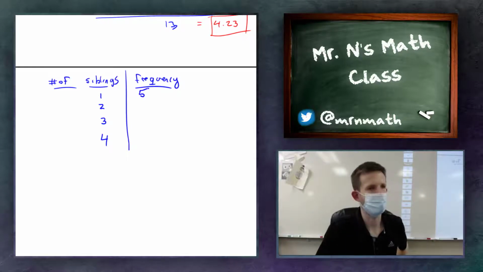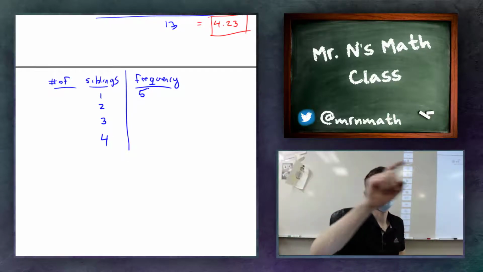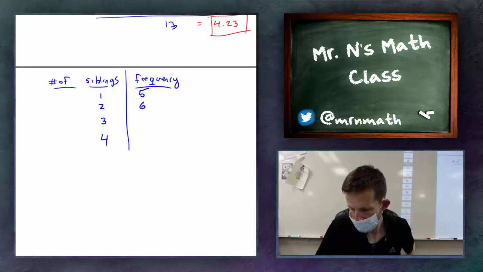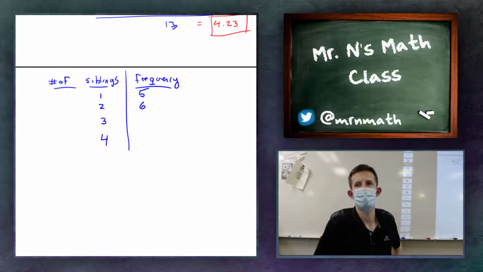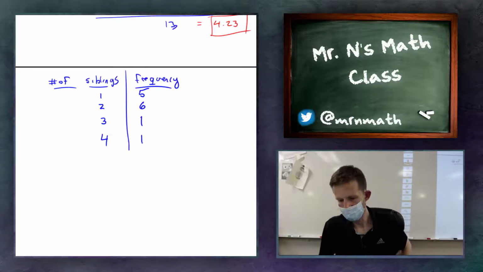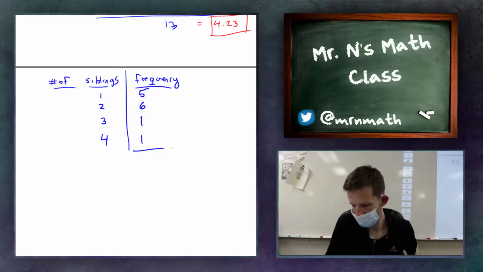How many of you guys have 2 siblings? 1, 2, 3, 4, 5, 6. How many of you guys have 3 siblings? 1. And 4 siblings? 1? Okay. So 6.